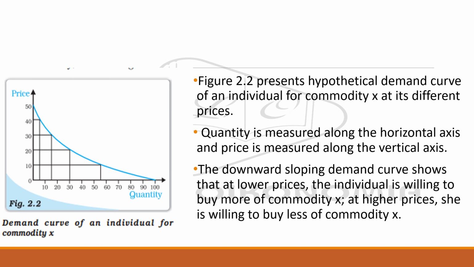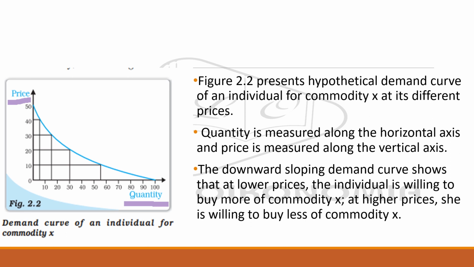So here in this figure you can see the way in which we can derive the demand curve by plotting the different combinations of price and quantity. You are getting a hypothetical demand curve, and here we are considering commodity X. You measure the quantity of X purchased along the X axis and the price of X along the Y axis, and you go for different combinations.